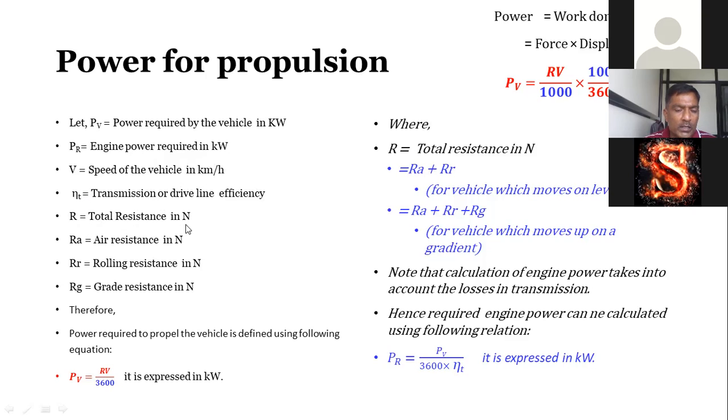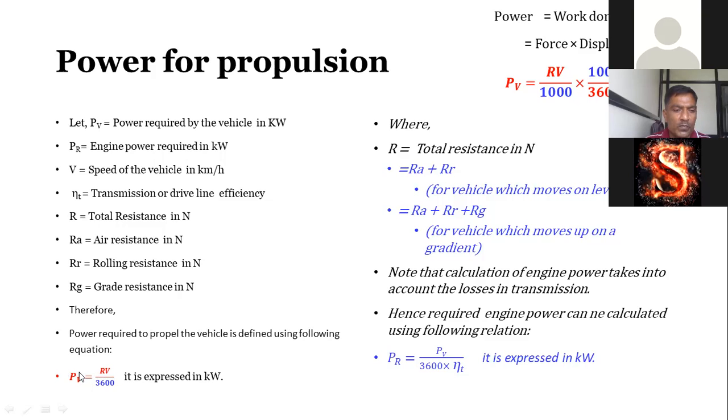R, total resistance in Newton. RA, air resistance in Newton. RR, rolling resistance in Newton. RG, grade resistance in Newton. So the power required to propel the vehicle is defined using the following equation.